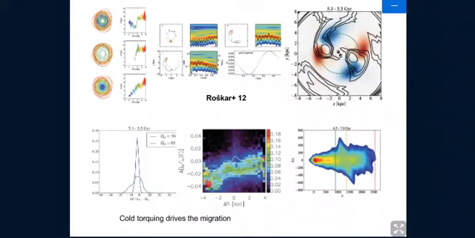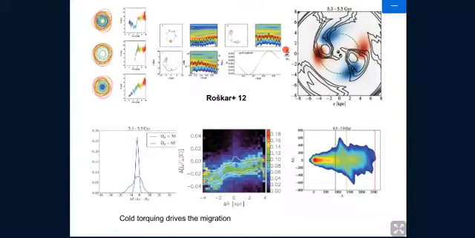So fundamentally, what this is arguing is that the migration is not being driven by a chaotic process. It's being driven by the simple co-rotation resonance migration. This is sometimes known as cold torquing, because you take a cold population, a nearly circular population, you torque it, but it remains nearly circular. The colors over here are showing you the wavelet transform of the x component of these orbits.